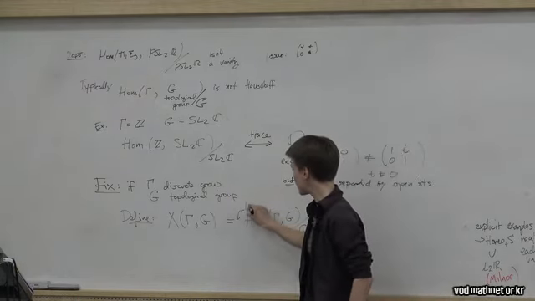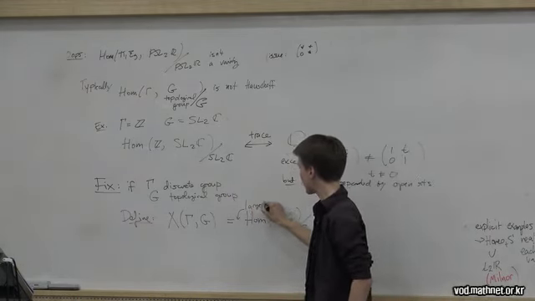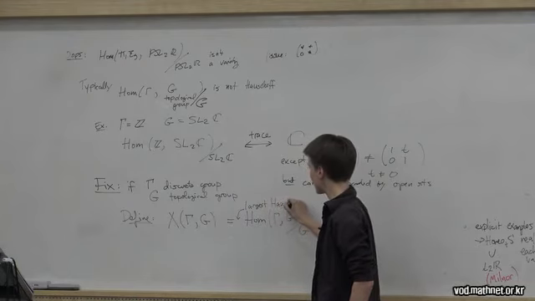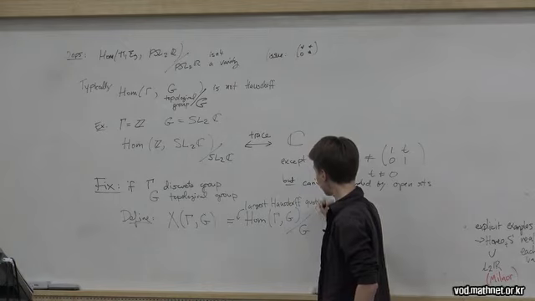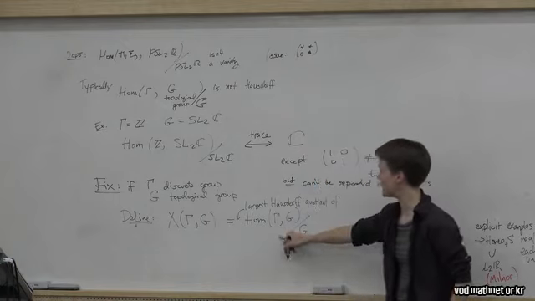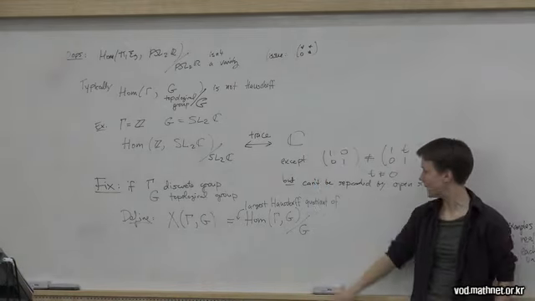So take the largest possible Hausdorff quotient of this typically badly behaved space.